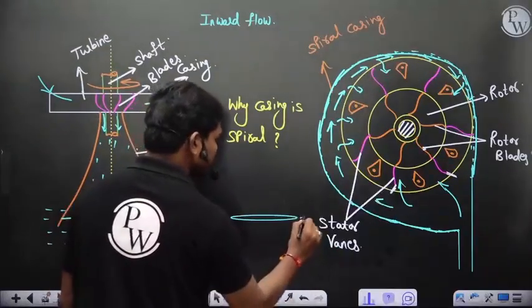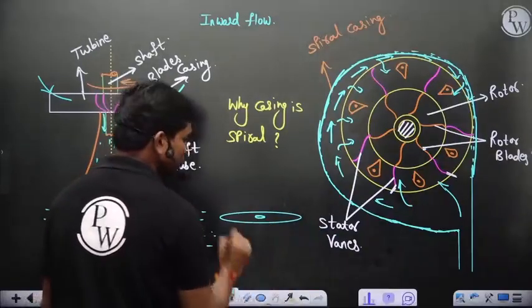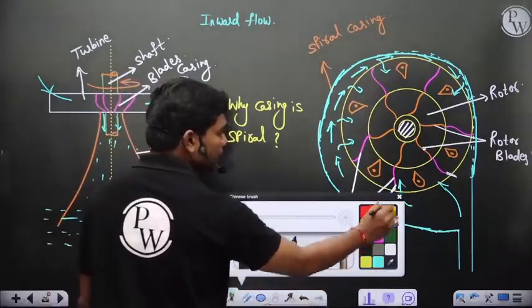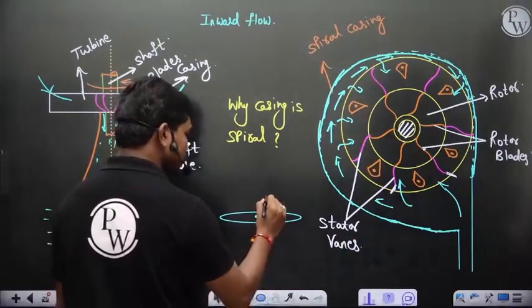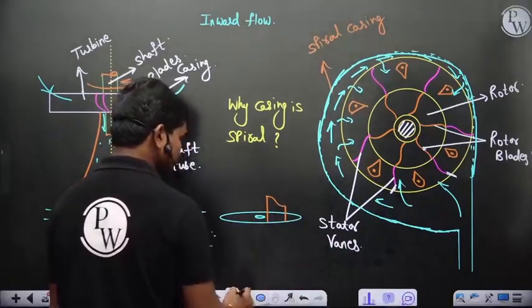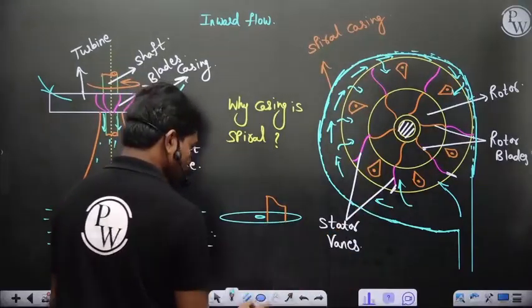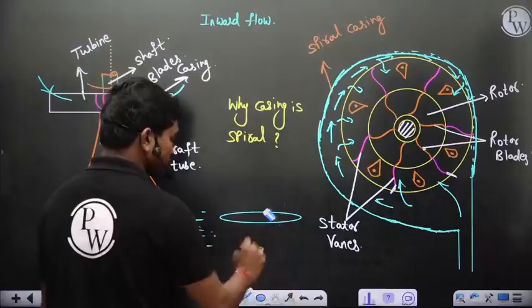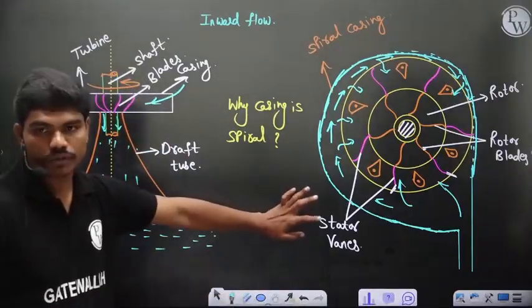If you have this as the runner, with a shaft at the center, then what happens if you take the blades? The blades are something like this in general. Maybe I'll draw it in the next page so that you can get a much better idea. But is this clear to all of you till this point?